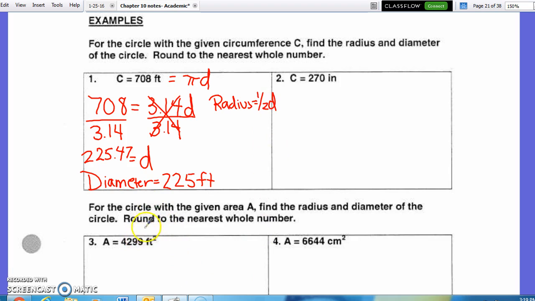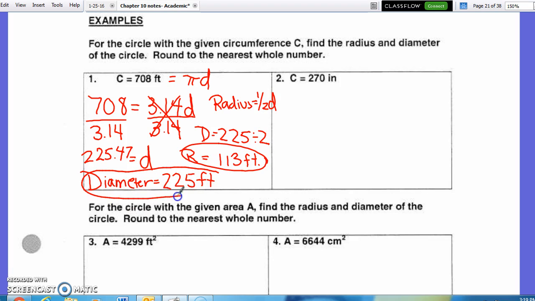So if my diameter is 225 feet, I have to divide that by 2 to find my radius. So my radius is going to equal 113. Now I have my radius and I have my diameter.